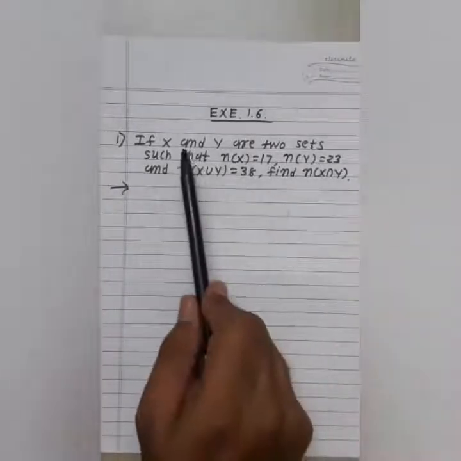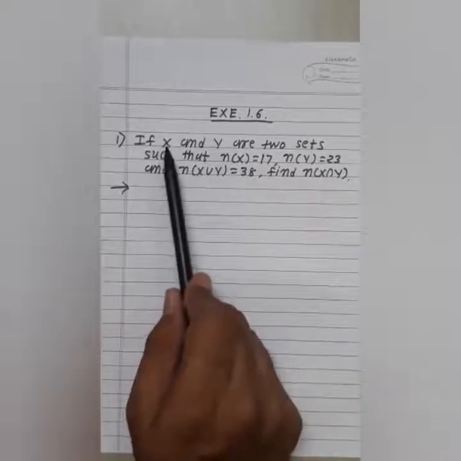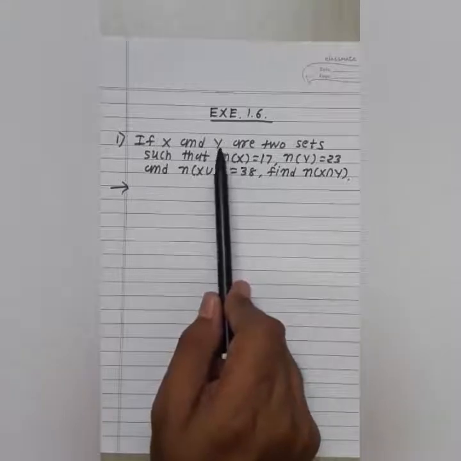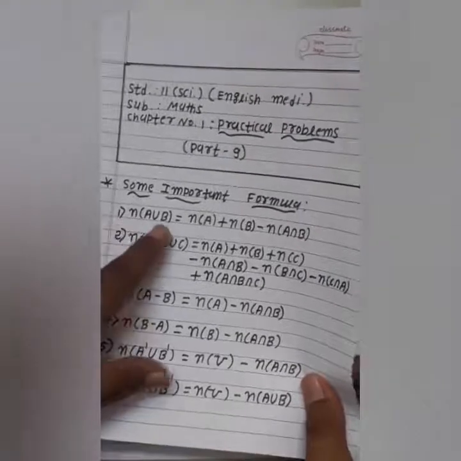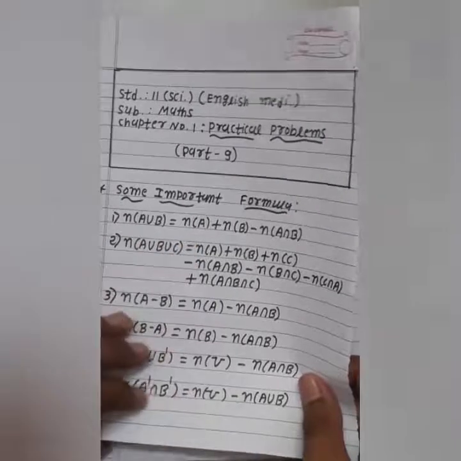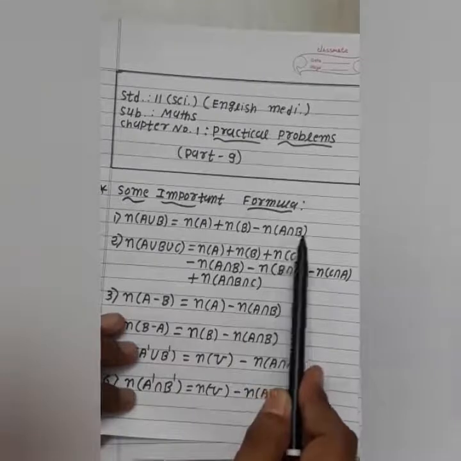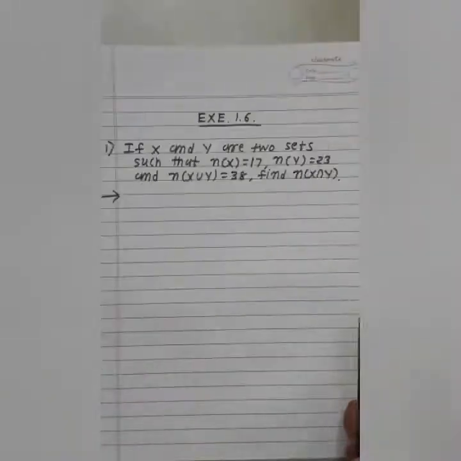So here two sets are present, set x and set y, so we use the first formula: n of a union b is equal to n of a plus n of b minus n of a intersection b. Here the data is given.